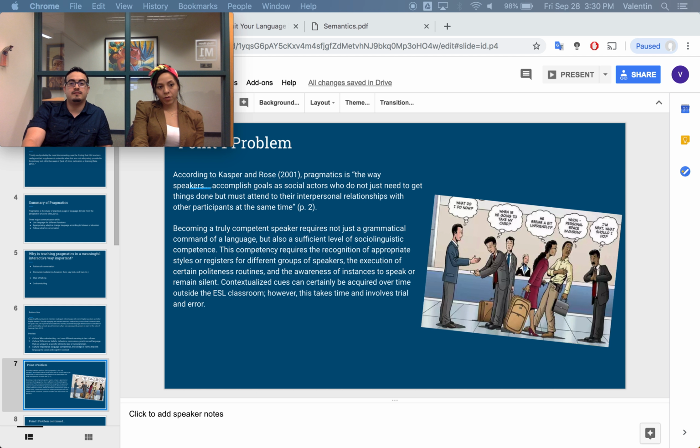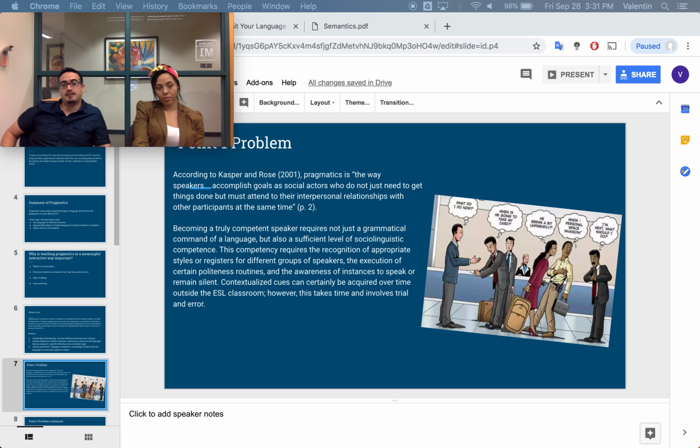So, point one, an issue. The lack of pragmatic skills can become a problem since it's through language that we need to communicate and interact with each other. Additionally, to become a truly competent speaker, grammatical command of language is not enough, but also sociolinguistic competence.